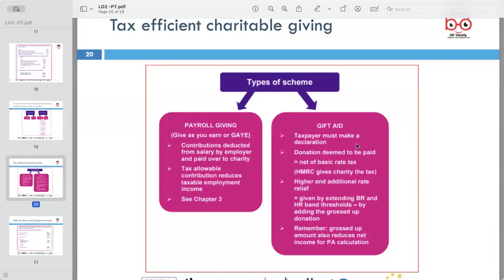So the donation made by the taxpayer is deemed to be paid net of basic rate tax and the charity receives the tax amount from HMRC. These schemes provide incentives for charitable giving while ensuring that individuals can make a positive impact on causes they support, while potentially reducing their tax bill.